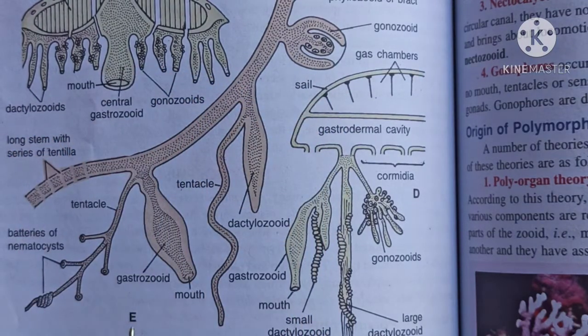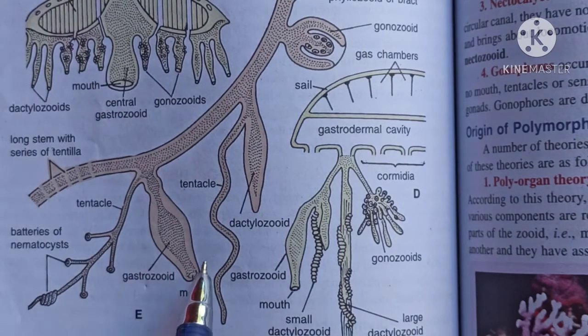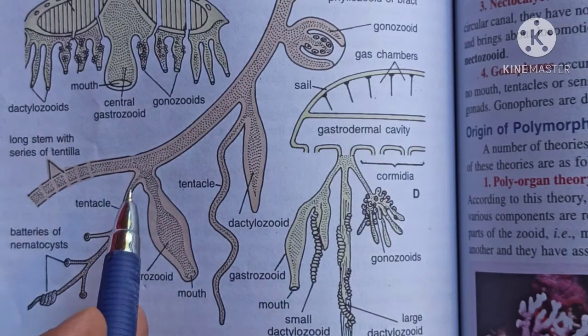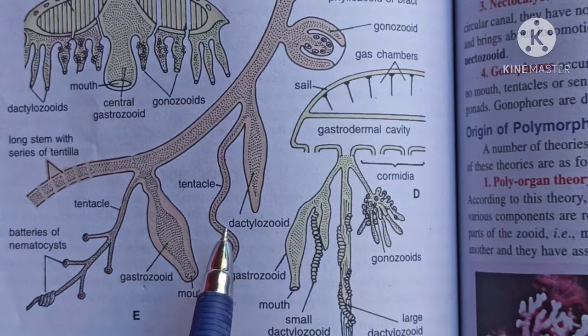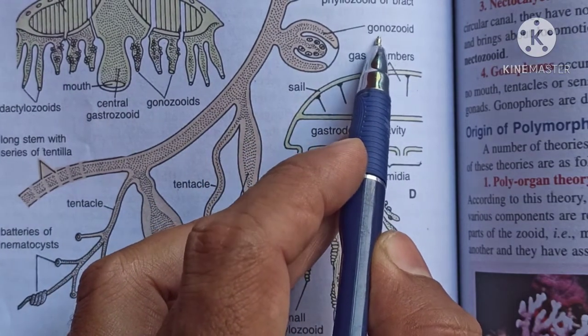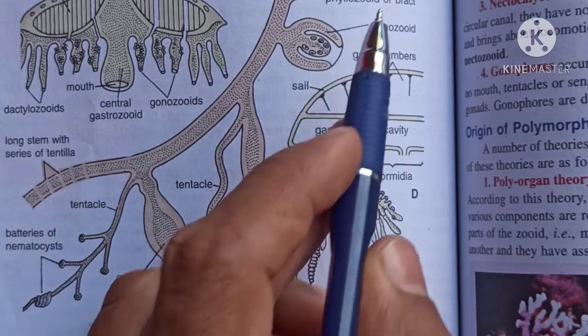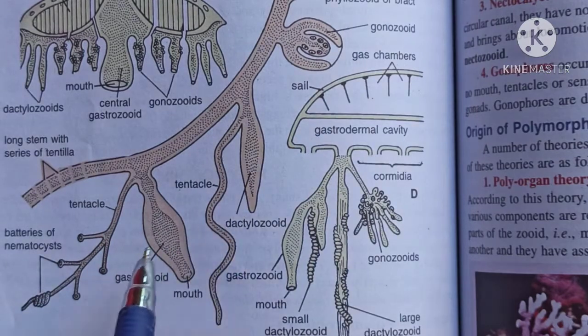Number 1, gastrozoid. You can see the structure of gastrozoid. Second one, dactylozoid. And third one is gonozoid. These are the 3 important modifications of polyps.